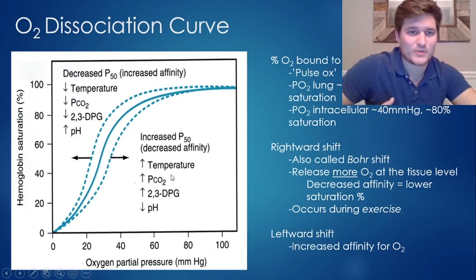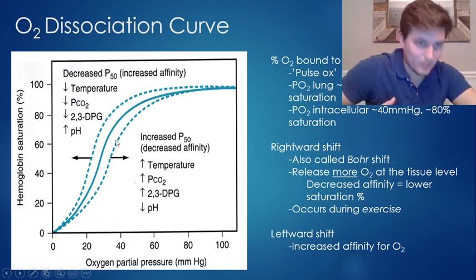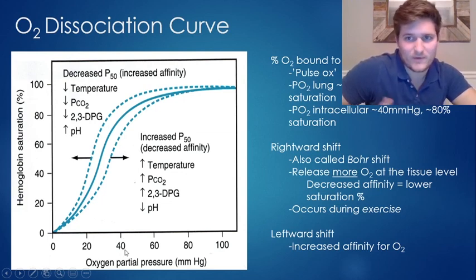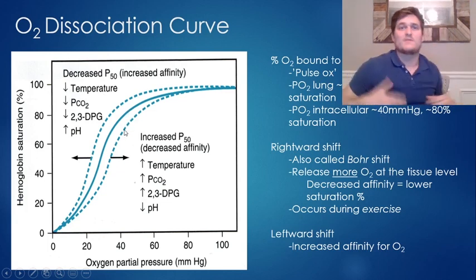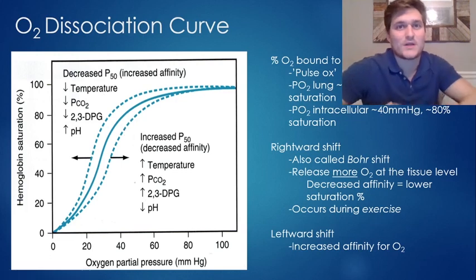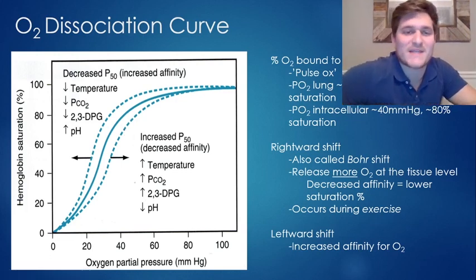And so when temperature and CO2 and biphosphoglycerate all increase, and when pH decreases, we get more oxygen dump off, right? So at the same partial pressure of those cells, roughly around 40 mmHg, we are going to get more oxygen getting dumped off into those cells. Those cells can then use that oxygen to increase aerobic metabolism.